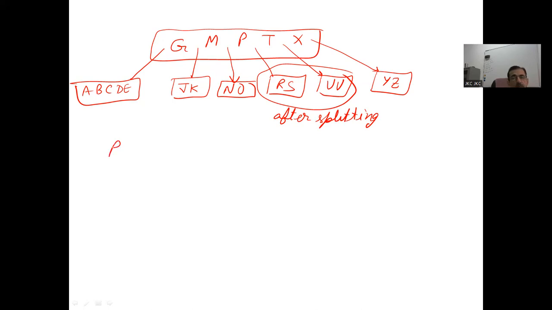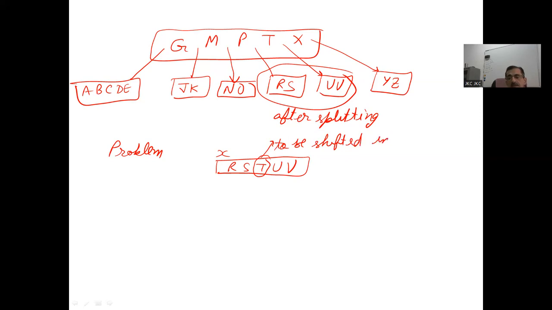but there is one problem. What is the problem? Say you were at node X, where X means you were at RSTUV. Now from there, you want this T value to be shifted into the parent. But how will you reach the parent?